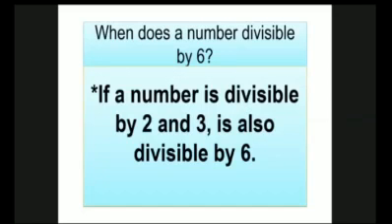And when is a number divisible by 6? If a number is divisible by 2 and 3, it is also divisible by 6. Why? Because 2 times 3 is equal to 6. The number should be divisible by 2 and also divisible by 3.